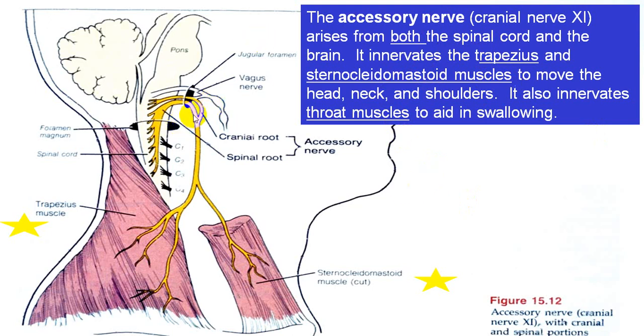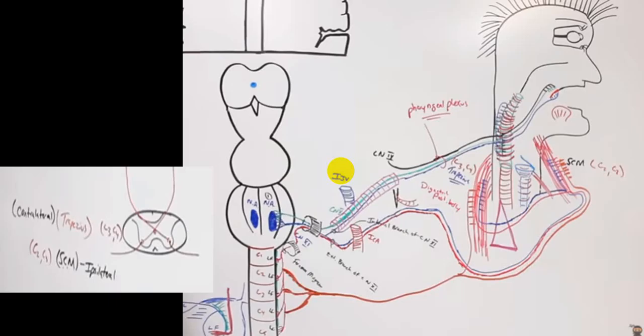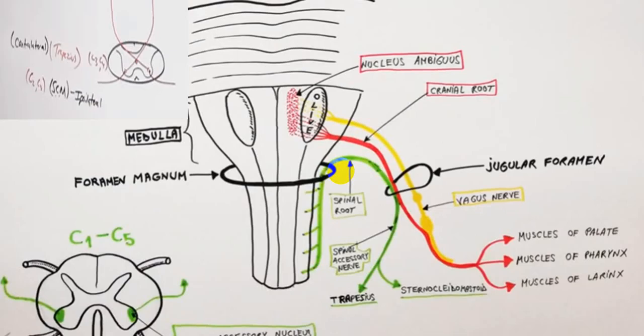So after coming out, this spinal root portion will supply first sternocleidomastoid and then trapezius. And this cranial root part will be combining with vagus, and then it will be supplying muscles of pharynx, larynx, etc. So that portion we have already discussed. So this, after combining with vagus, supplies muscles of palate, pharynx and larynx.